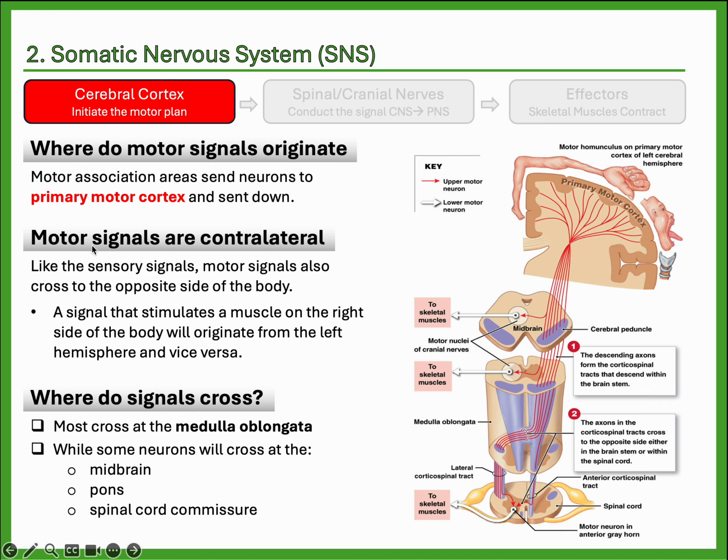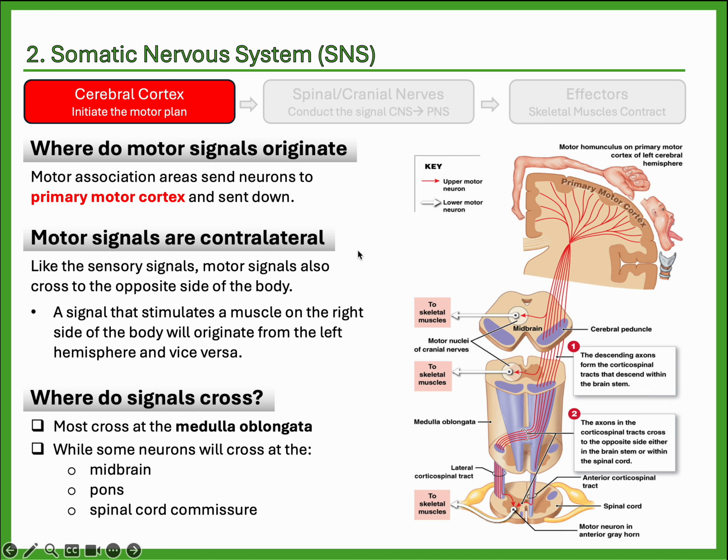I need you to know that motor signals are also contralateral. Just like sensory signals, motor signals also cross to the opposite side of the body. Do you see this is in the patient's left hemisphere, right? They send down their fibers and then eventually they actually cross and then they go to the other side. So this part of the cortex on the left hemisphere will control the left hand or the left part of the face or the left foot, okay?